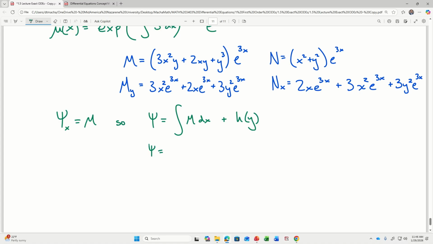So now we've got to take the antiderivative of M with respect to x. And this is going to be a big, nasty integration by parts, it looks like.